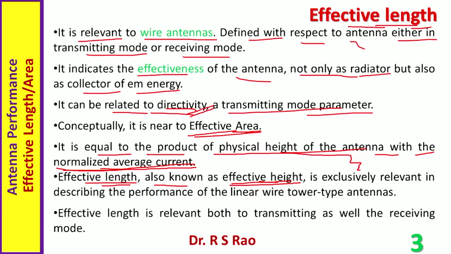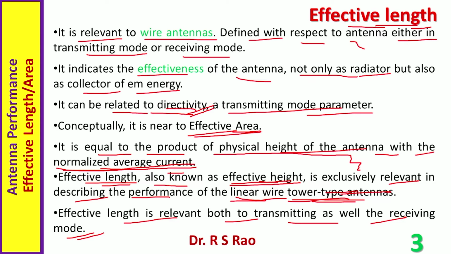Effective length, effective height, both are the same, is exclusively relevant to describing the performance of linear wire tower type antennas. As already mentioned, effective length is relevant both to transmitting as well as receiving modes of the antenna.